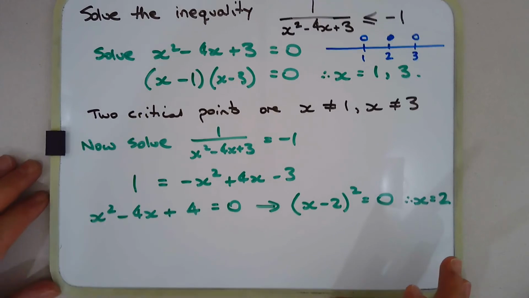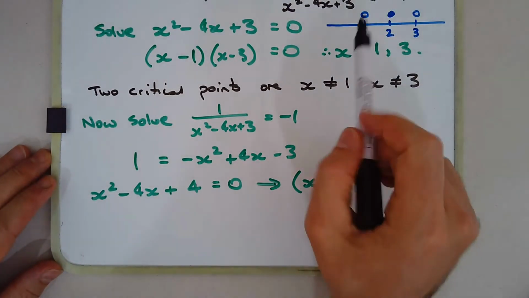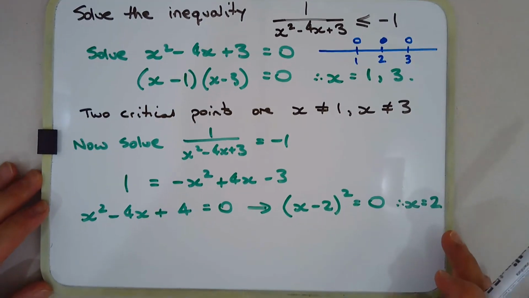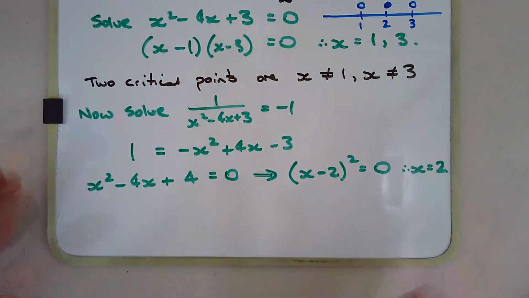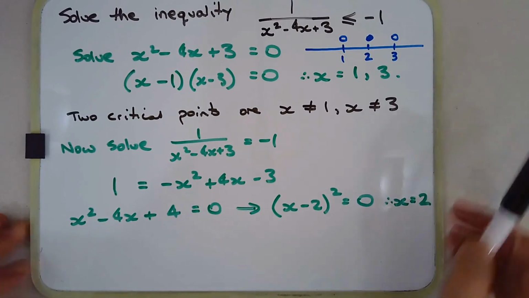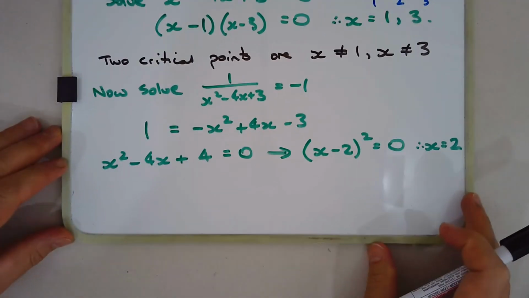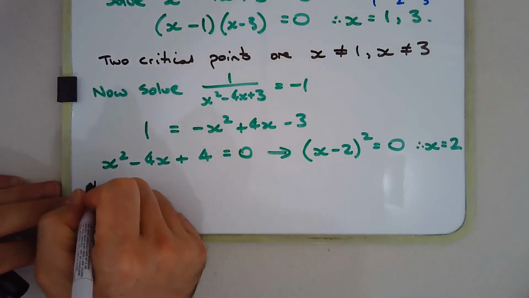Now we're going to test these various regions to see if the inequality holds true. Let's pick a value first. In fact, we can pick 0 to begin with, testing around the critical points.